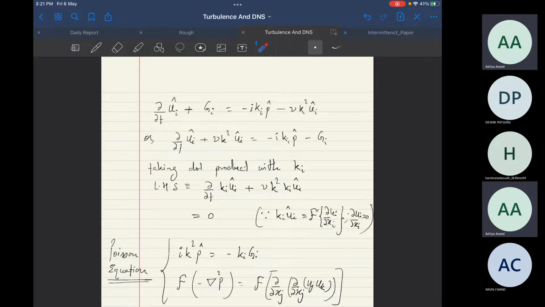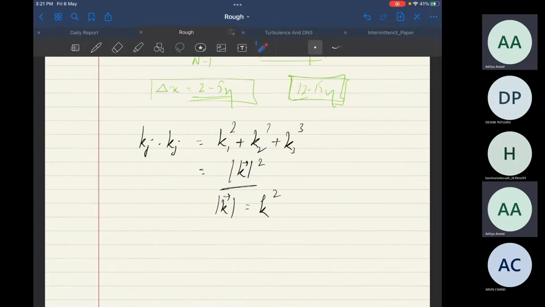So on the left hand side, you'll have del by del t of ki dot ui hat. Again, I have commuted this ki with the del by del t operation, and you'll get nu k square ki ui hat. Now your ki ui hat is basically the Fourier transform of this. Okay, again, your Fourier transform of ui is ui hat.